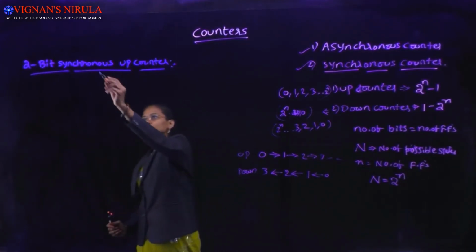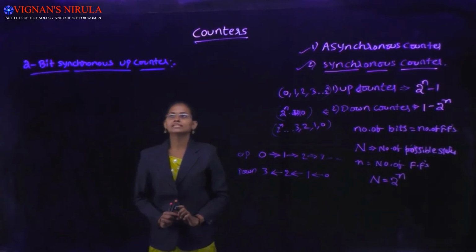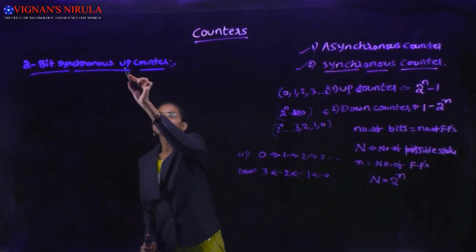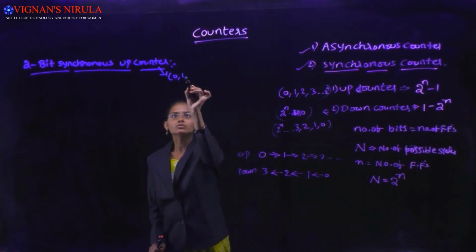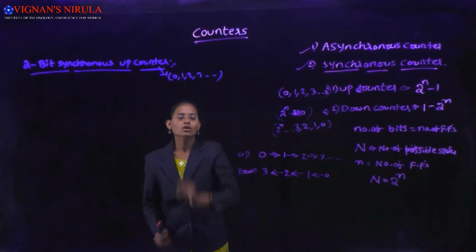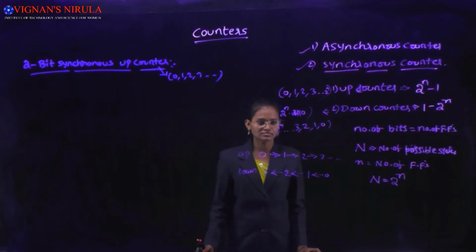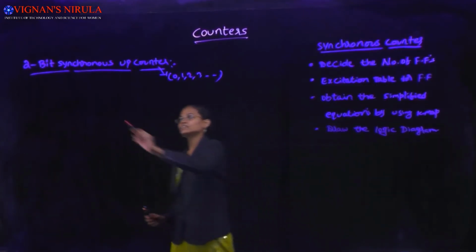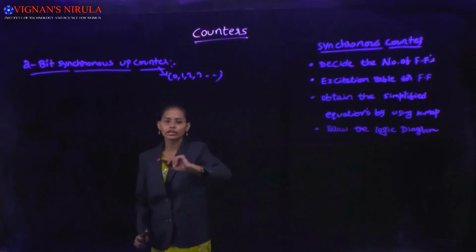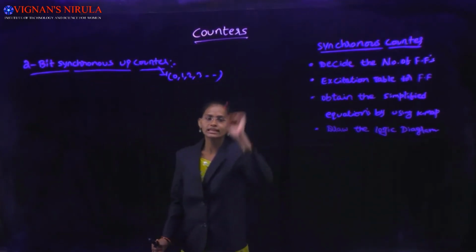In synchronous we are using the same clock pulse. Okay, here we are using the up counter. Up counter is 0, 1, 2, 3 like that. Here we design the 2-bit synchronous up counter. Up counter is 0, 1, 2, 3 like that.